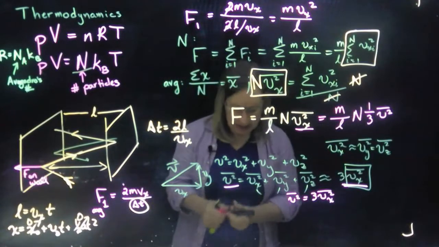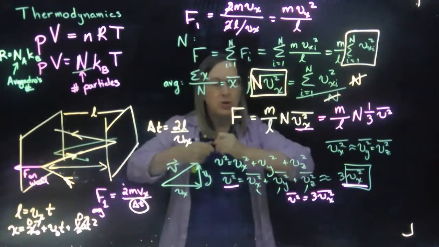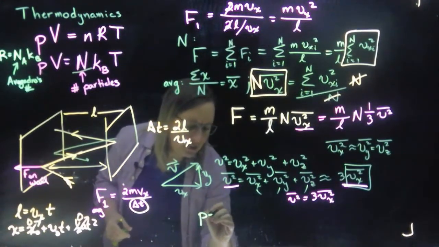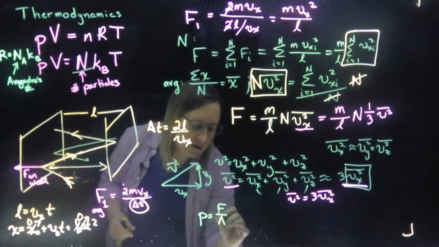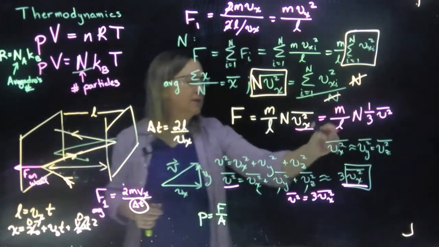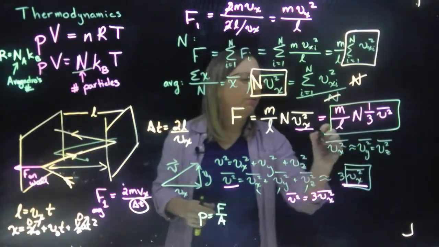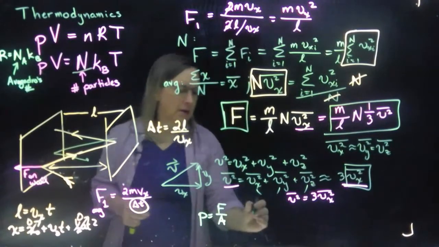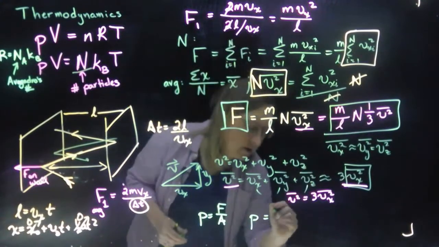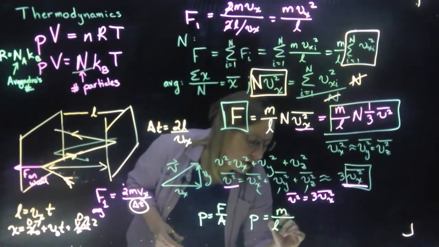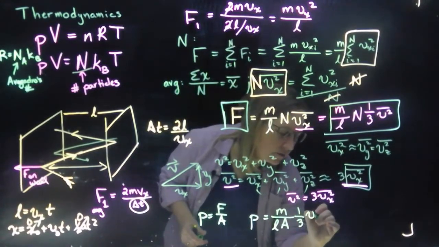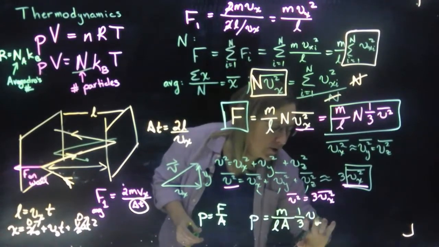So we can say that pressure is equal to force over area, right? So let's take this expression and divide the force to say pressure is equal to this divided by area, or m over L times the area, 1/3 average of V squared, not V sub 2.